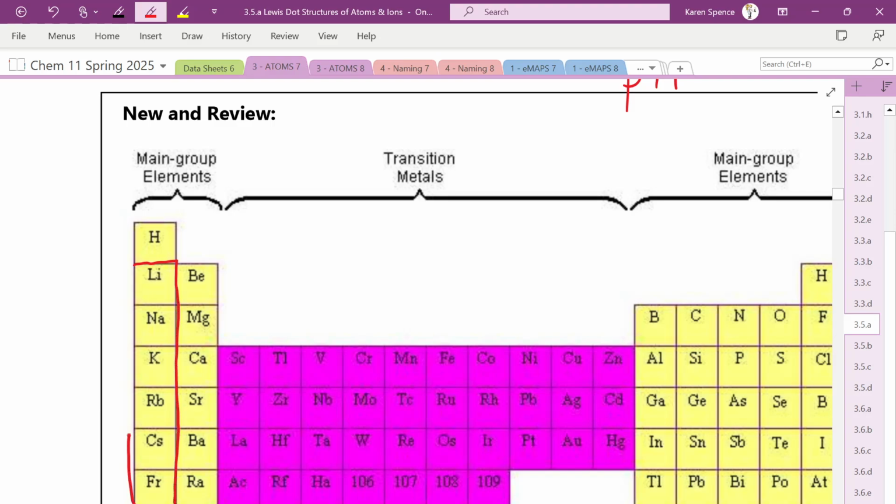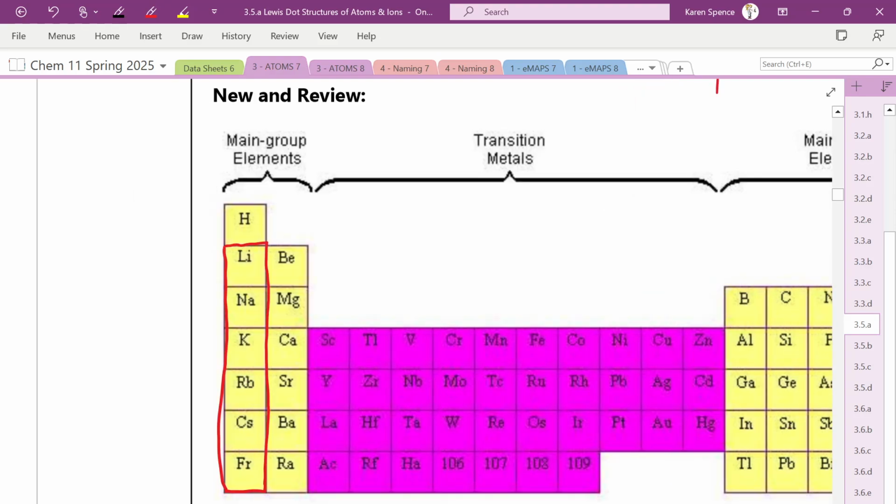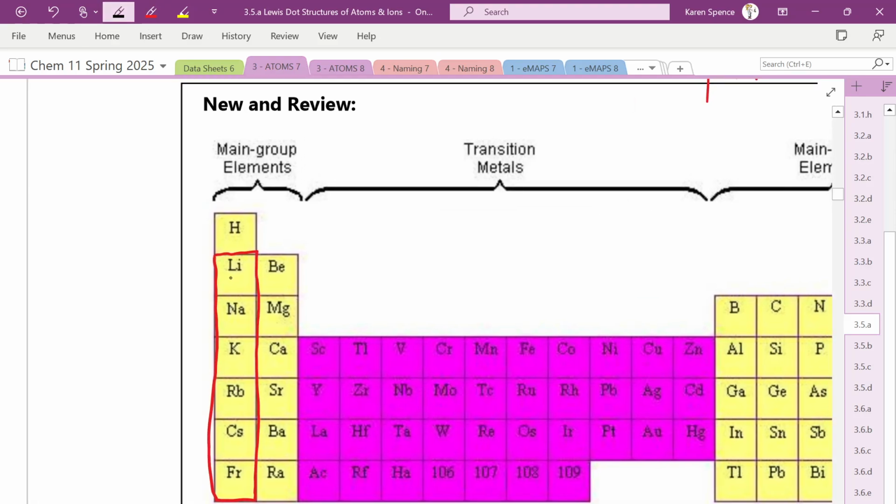Group 1 is called the alkali metals. Hydrogen is not in the alkali metals because it is not a metal. Hydrogen's like its own little group. It just does its own little thing.